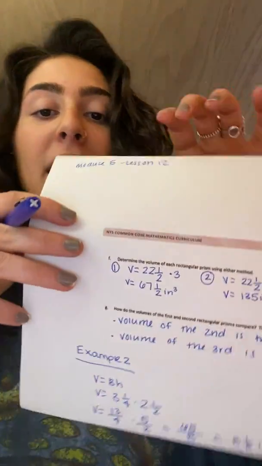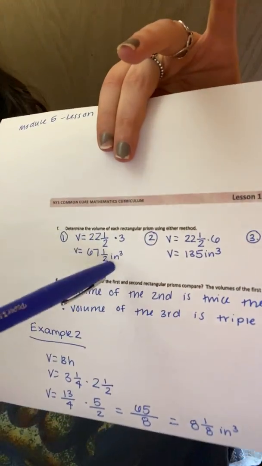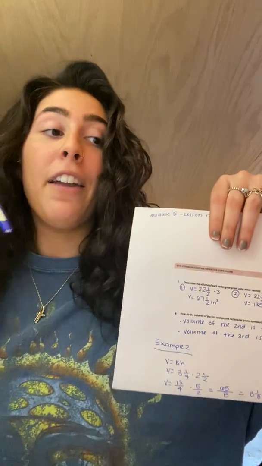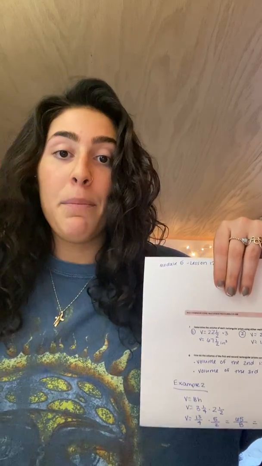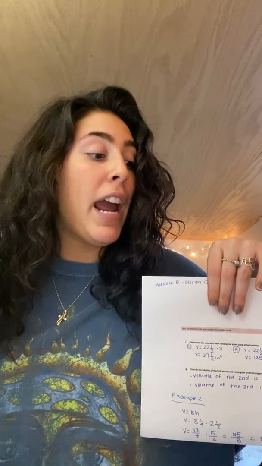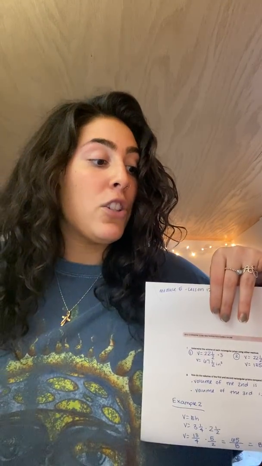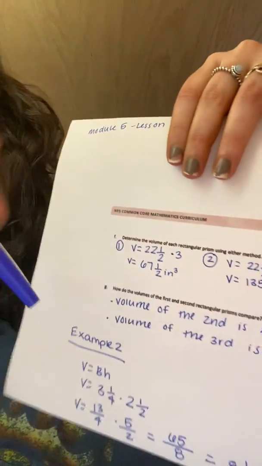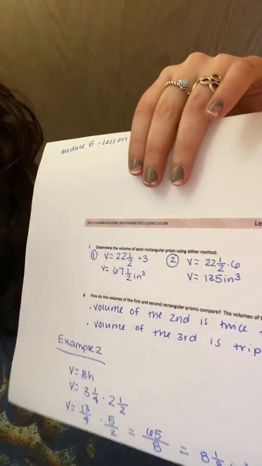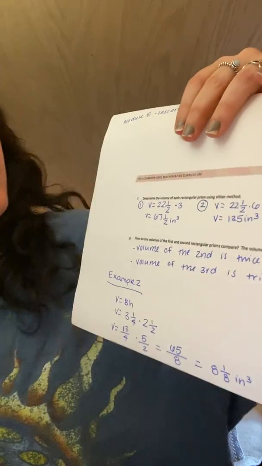So I said that V equals 22.5, which I found by multiplying my length and my width, and 22.5 is the answer for all three of the shapes. 22.5 times 3, which is my height.